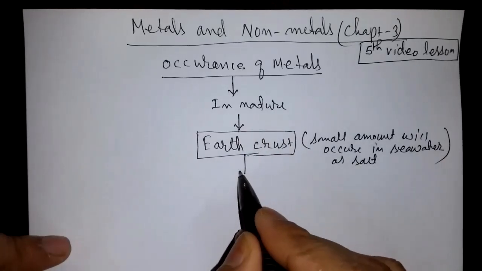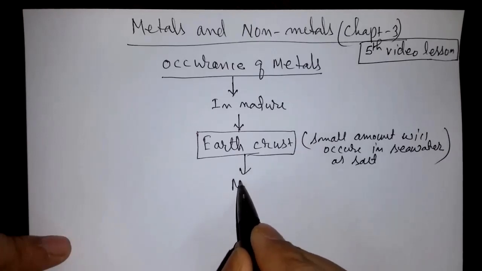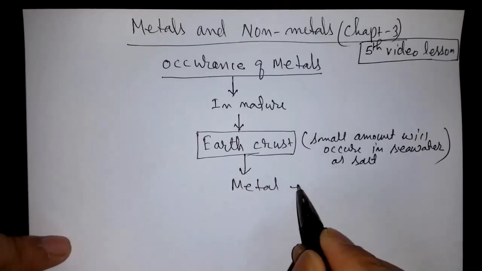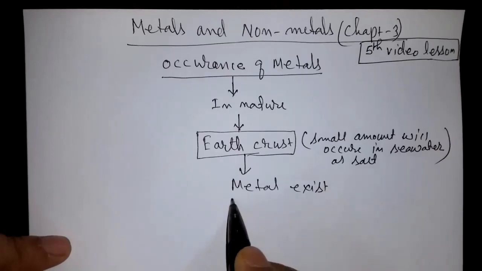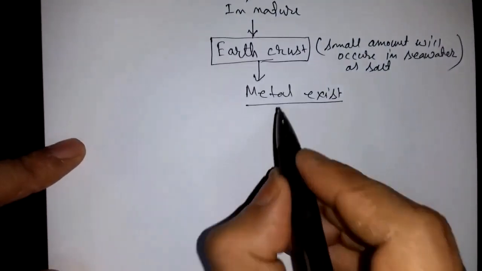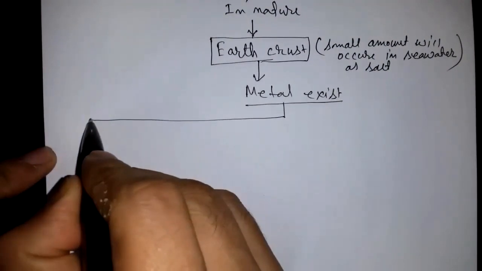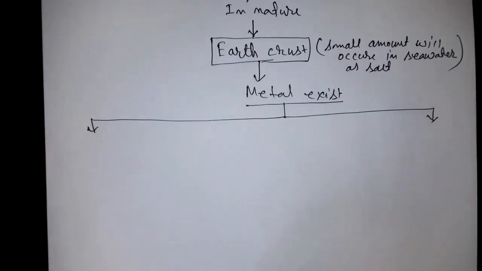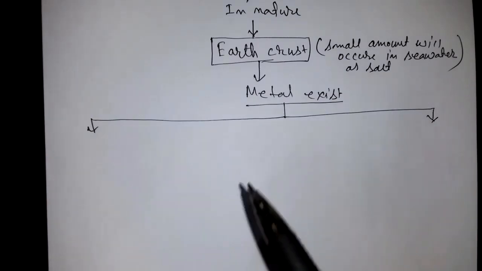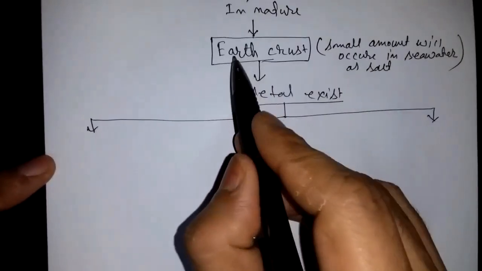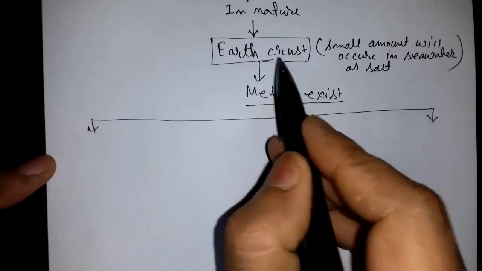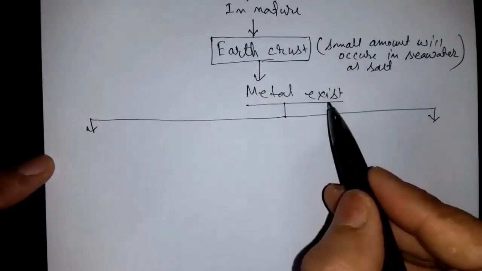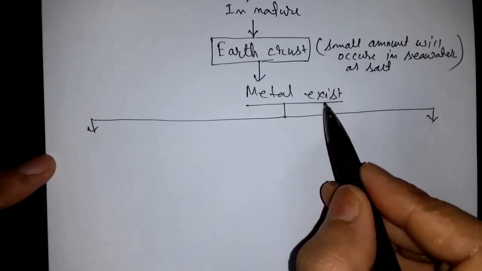So inside the earth crust, the metal exists in two forms. We are saying that most of the metals are inside the earth crust. Now how do they exist?